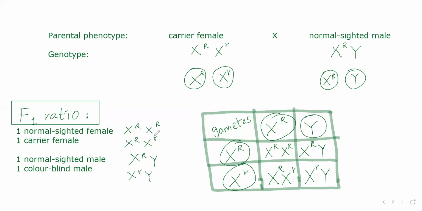Let's say if a female is a carrier and a male has normal color vision, then there is a 1 out of 4 chance that one of the children will have color blindness. If there is a boy, then out of 2, 1 will have color blindness. This is how we understand sex-linked disease.